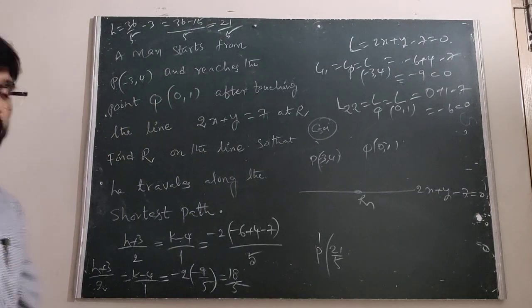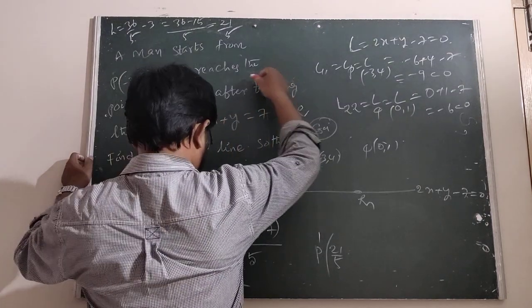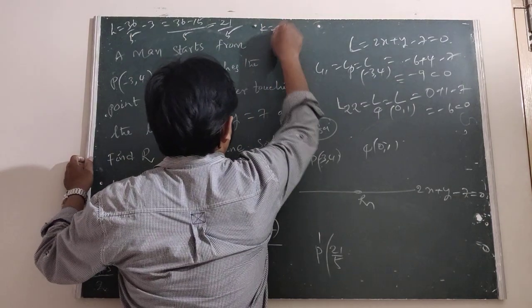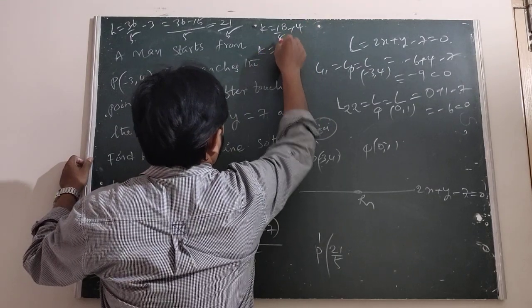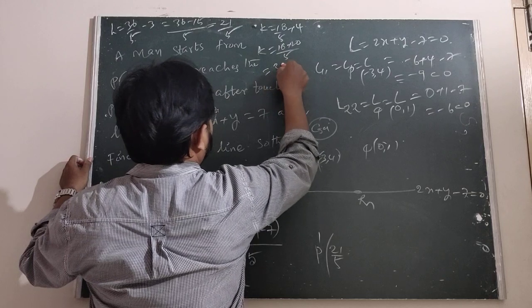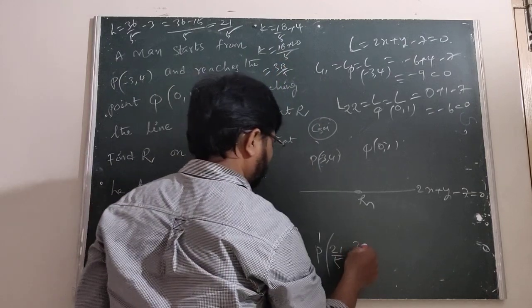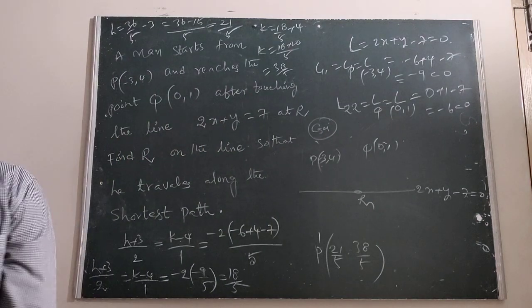Is it okay? Now the other one, K. K is 18 by 5 plus 4. K is (18 plus 20) by 5. This is 38 by 5. Now we are getting the R point.